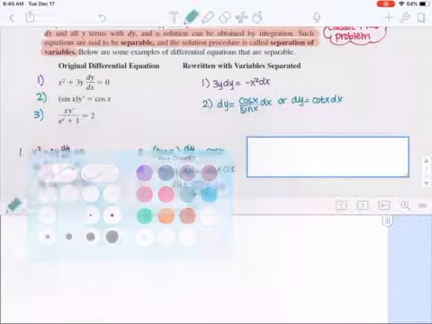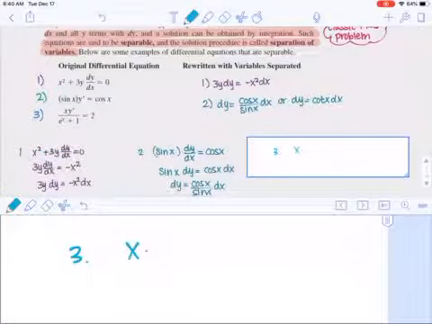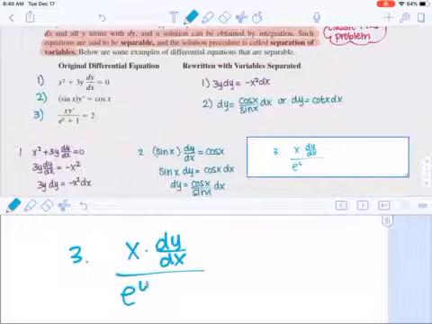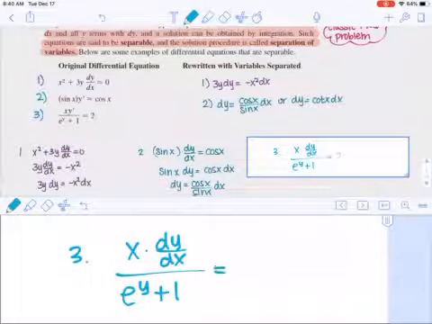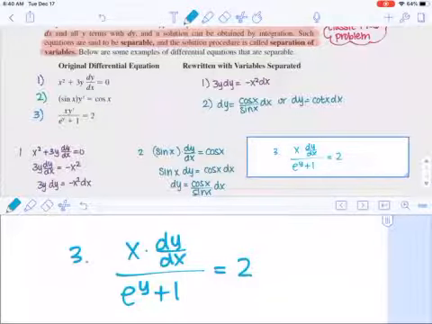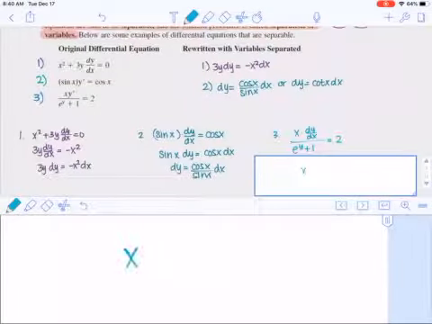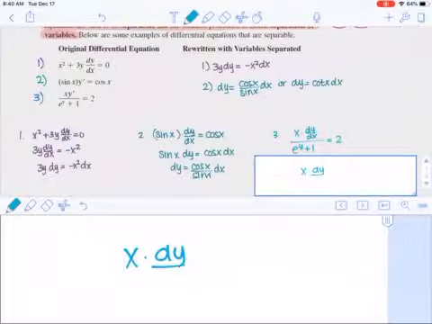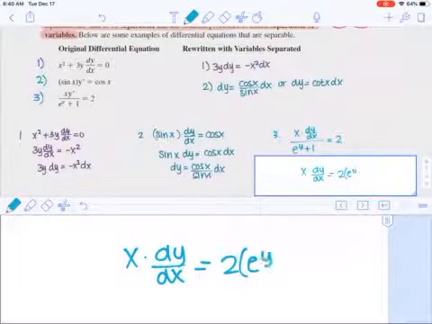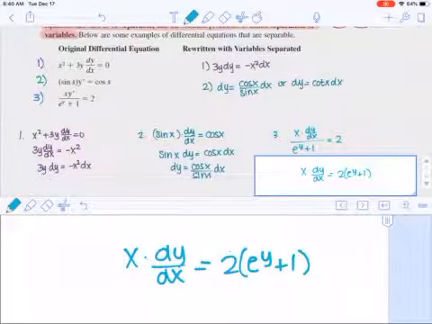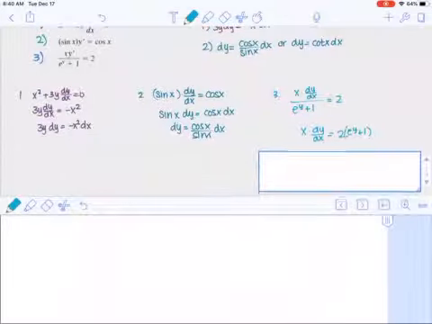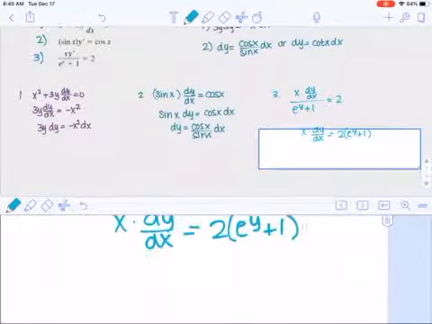For number 3, I have x times dy over dx, and I'd strongly recommend going ahead and writing that for yourself so you don't get confused. Okay. So the first thing you're going to do is multiply both sides by that denominator. So you're going to have x times dy over dx equals 2 times the quantity e to the y plus 1. Okay. And then what I would say is, again, that dx is kind of going to be your decider.